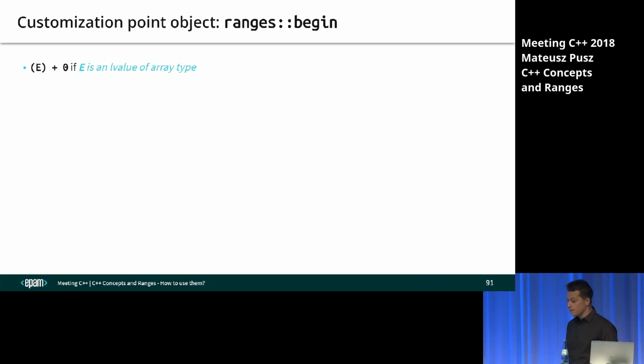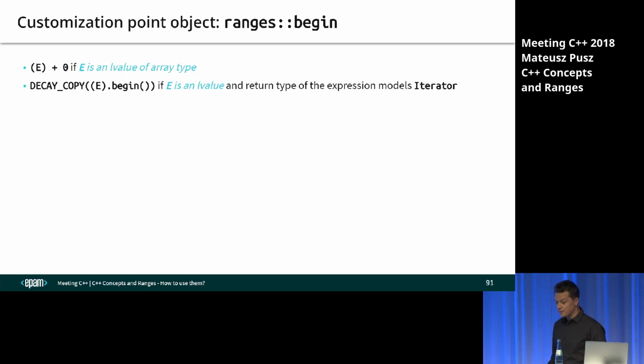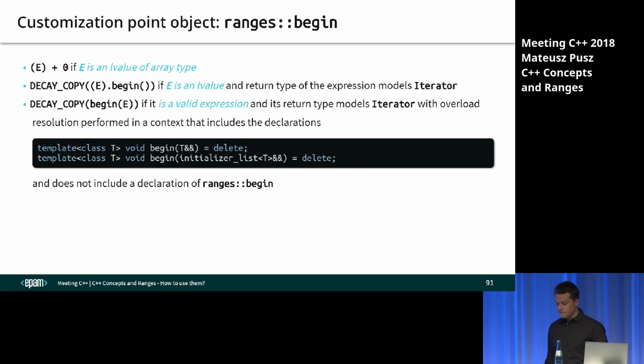How do they work? Basically, ranges::begin will return us the beginning of the array if we are dealing with an lvalue of array type. If it has a member function begin, it will use the member function begin if this function returns us something that models the iterator concept. Otherwise, we'll be looking for a non-member begin function, and it also has to satisfy the iterator concept for the return type.